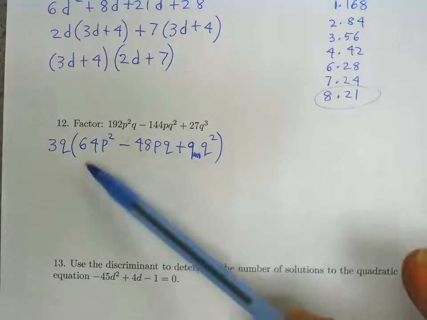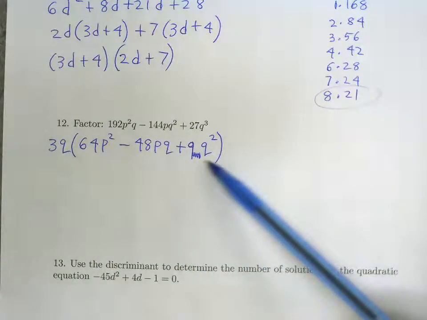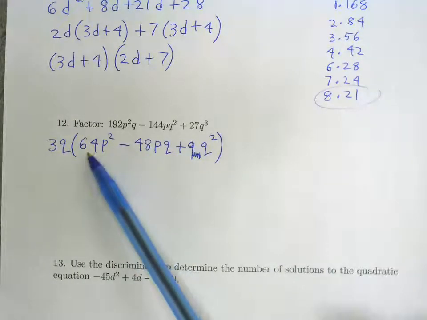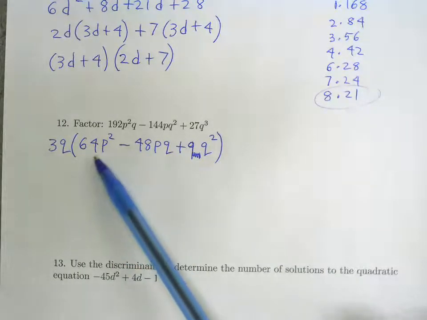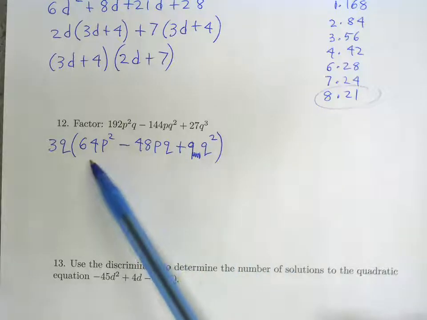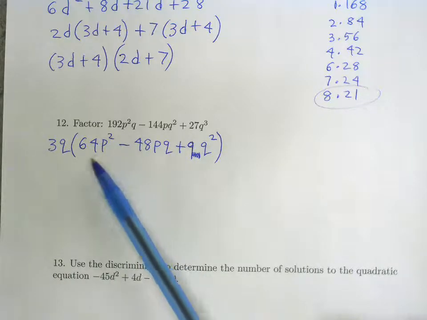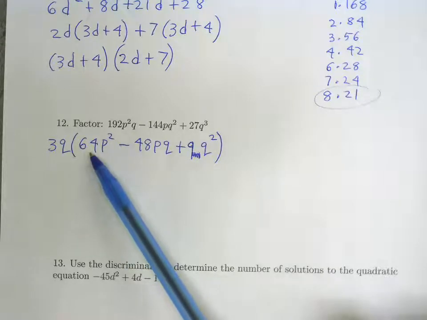Okay, now the question is, can we factor further? Well, notice inside the parentheses, this trinomial, this first term, 64 p to the second, is a perfect square. If you square the term 8p, you get 64 p to the second.